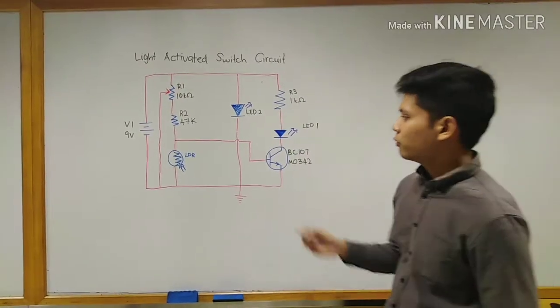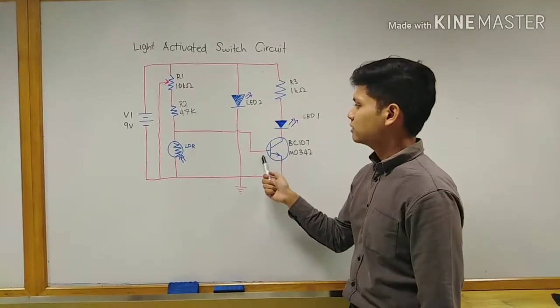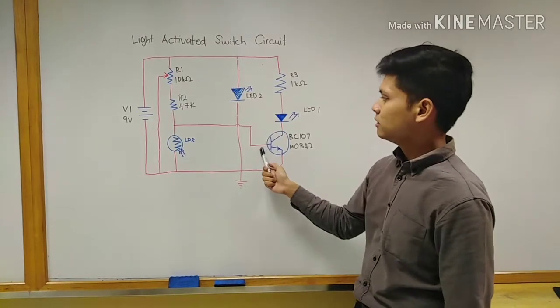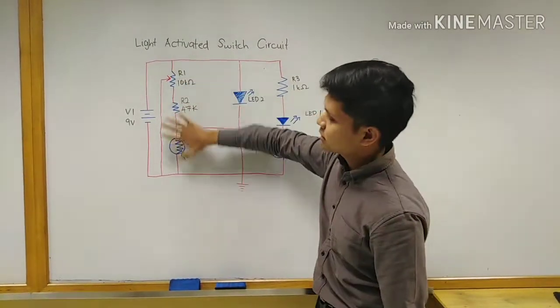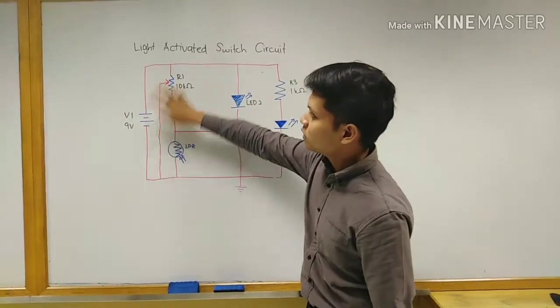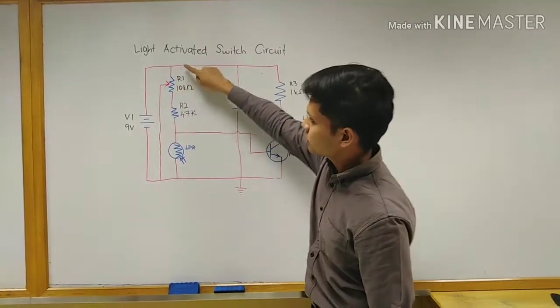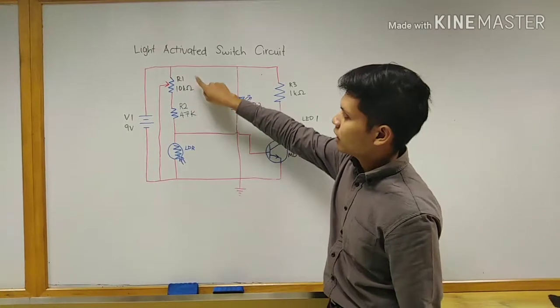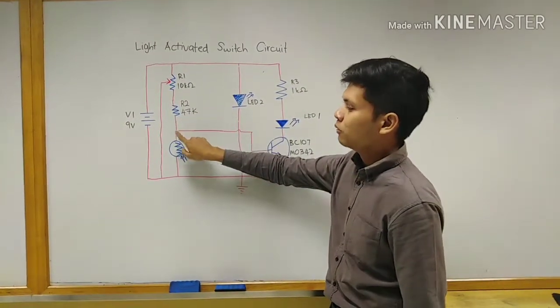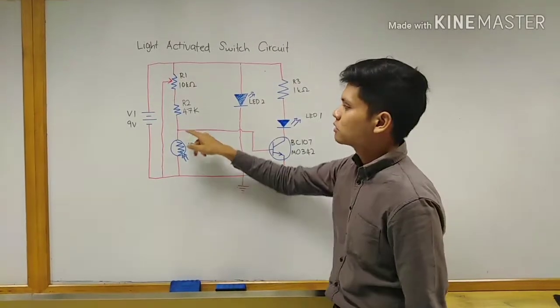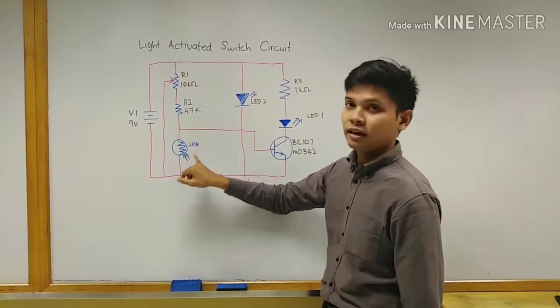So we trace from the base of the transistor to here, and it involves this loop. This loop from the V source goes through R1, R2, and here it comes to a junction. This is the LDR.